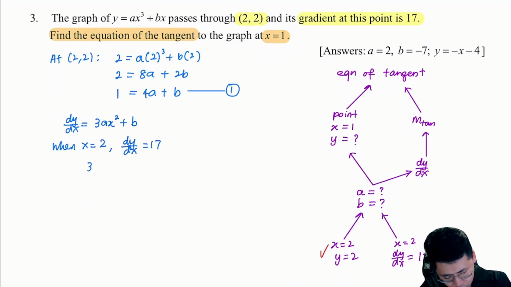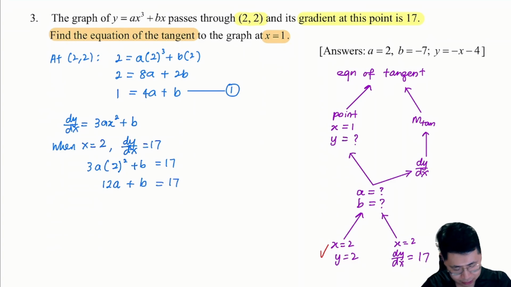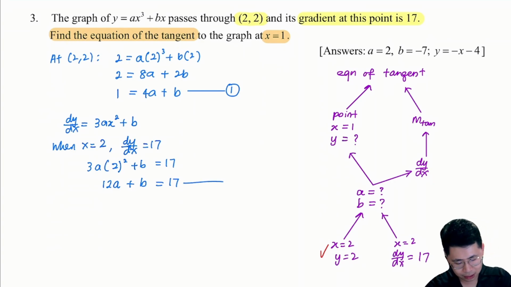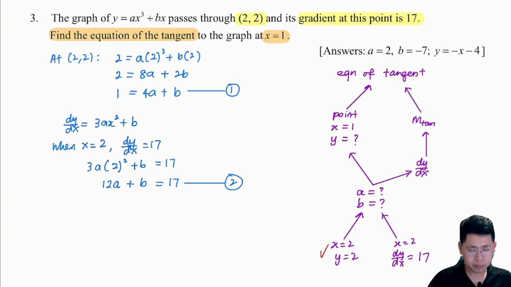So we have 3a, sub in the 2 squared, plus b equals to 17. So multiply, we get 12a plus b equals to 17. So this over here, we have our equation number 2.